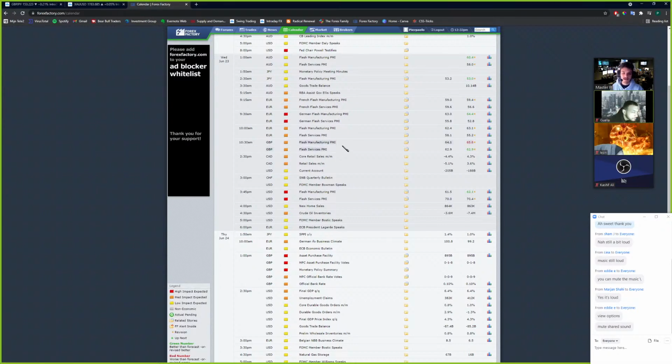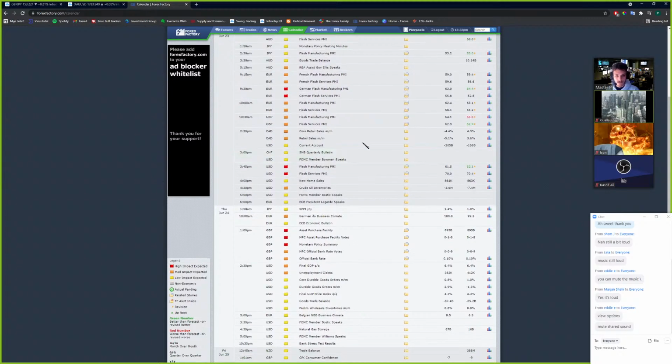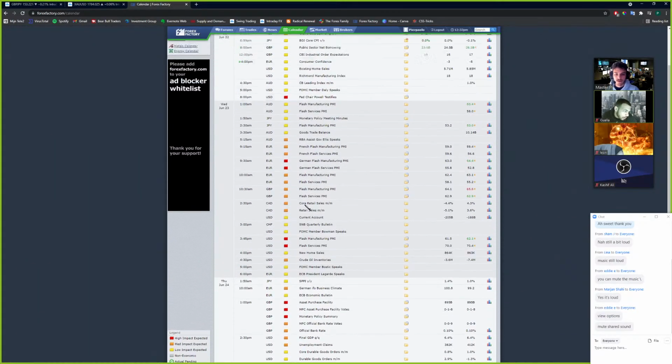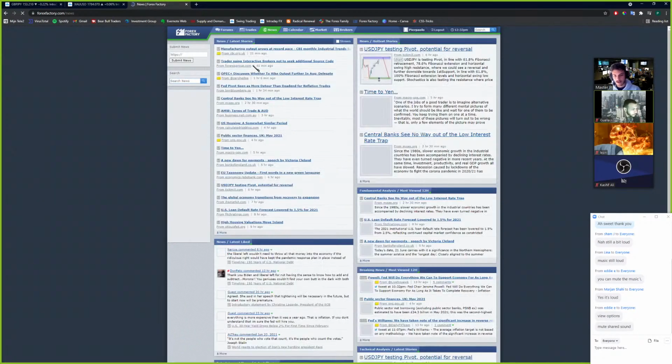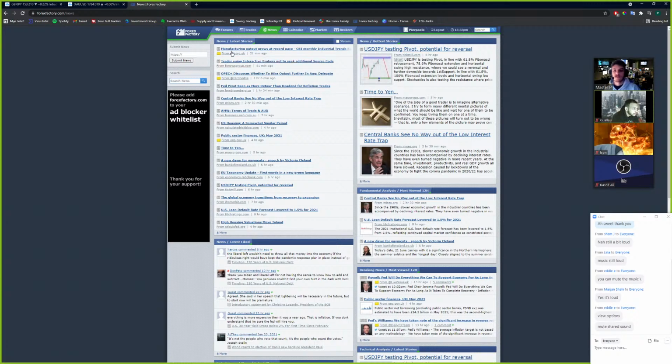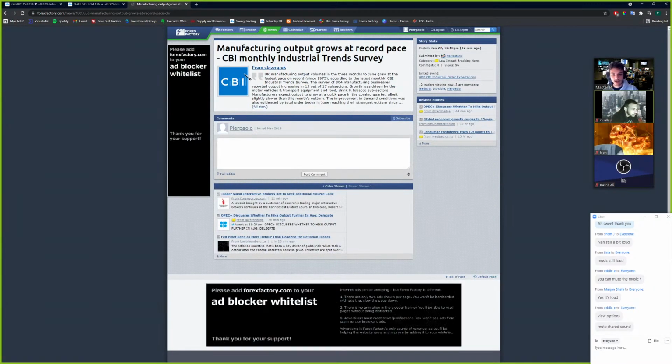Towards the end of the London session, manufacturing PMI could have some sort of impact if the numbers are really, really off. Other than that, I think it should be a pretty clean day. Let's take a look here. Oh, so they're expecting really good numbers for the manufacturing tomorrow.